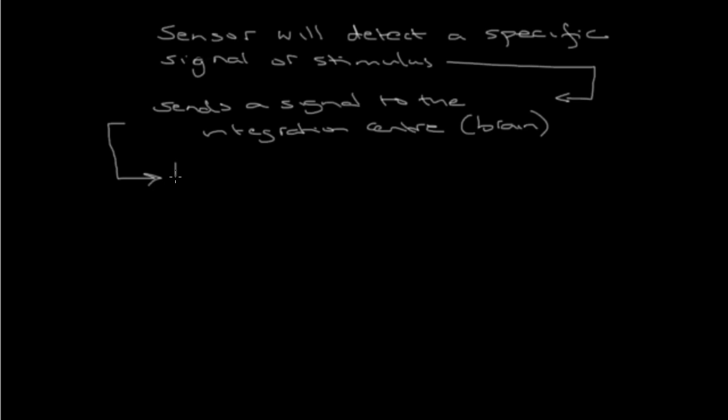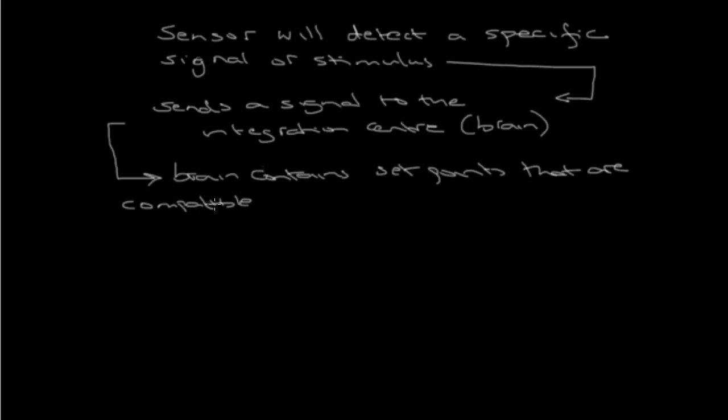The brain is very clever because the brain contains set points that are compatible with life.